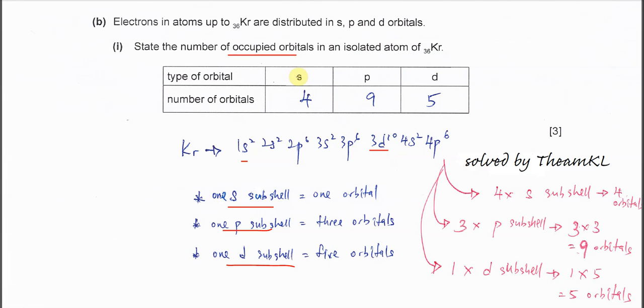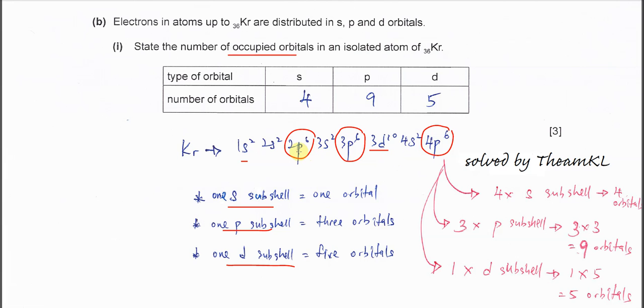Okay, the numbers of occupied s orbital. So we have 1, 2, 3, 4. So here. The numbers of occupied p orbitals. So now we have this, and this.